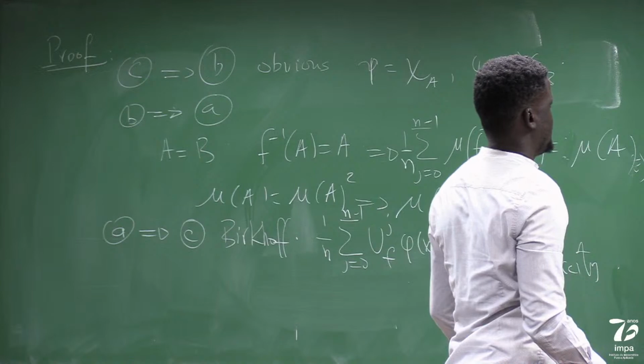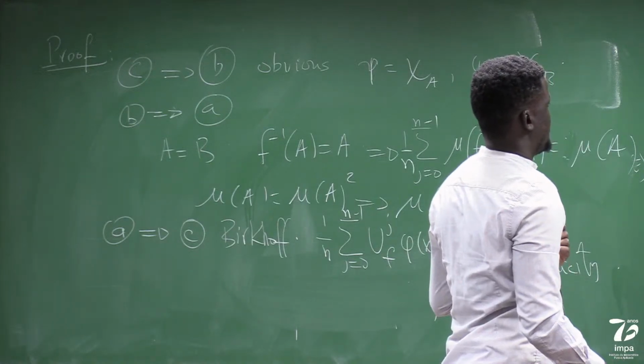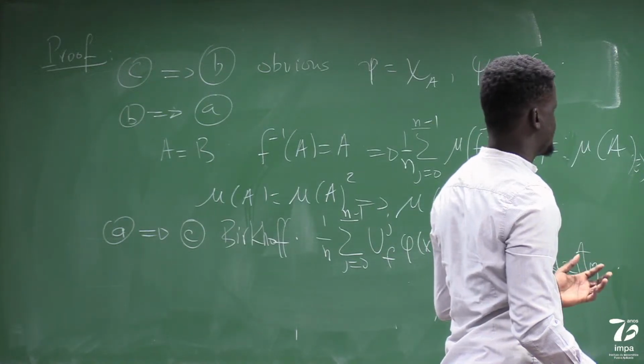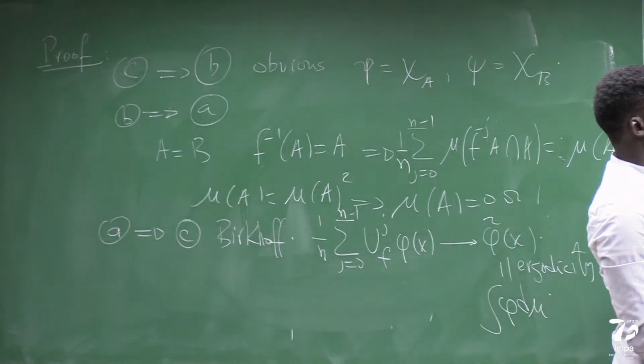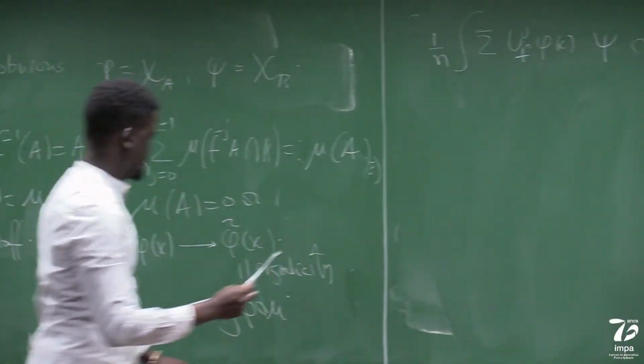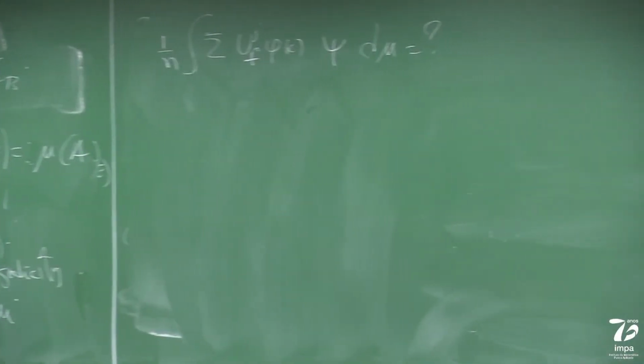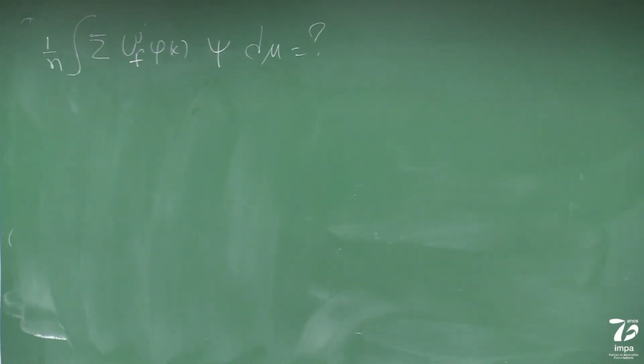See that already, if your function psi was essentially bounded, you can use the dominated convergence theorem, because you know this will converge to a constant.